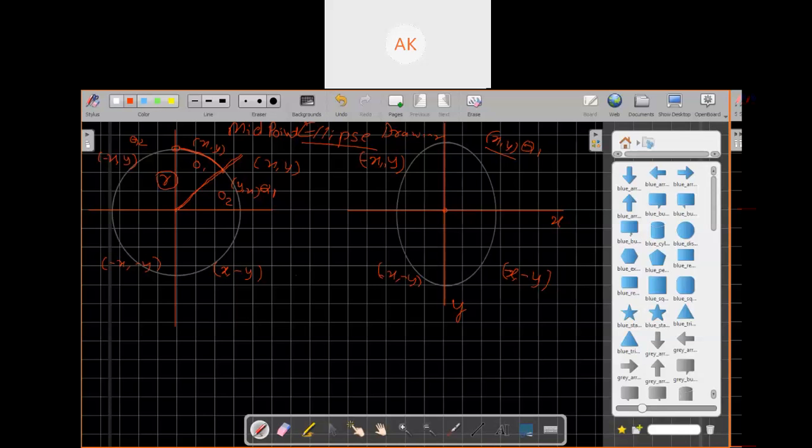It has two radii: rx, the radius along the x-axis, and ry, the radius of the ellipse along the y-axis. Here they are different, so you cannot divide quadrant 1 into two equal parts.